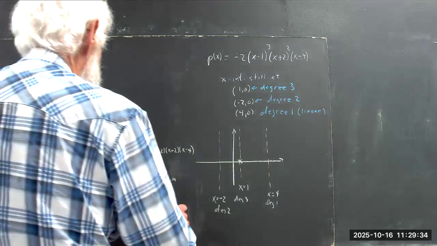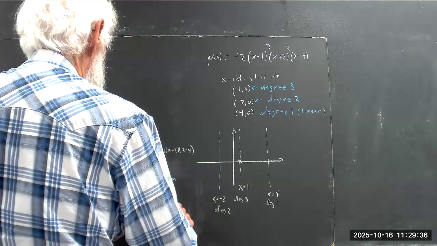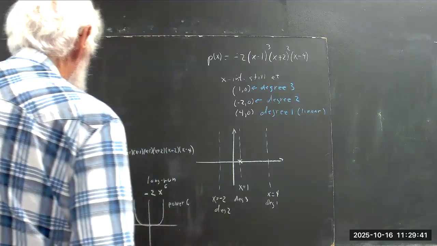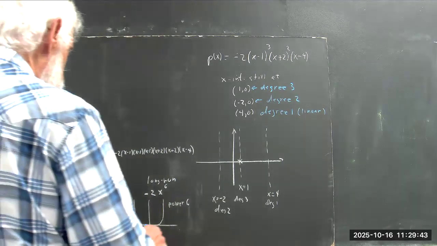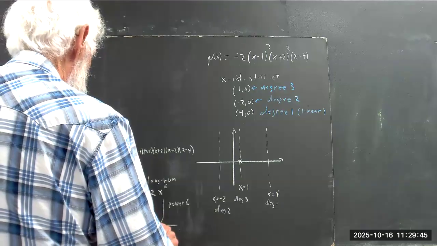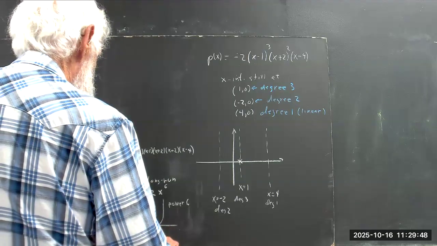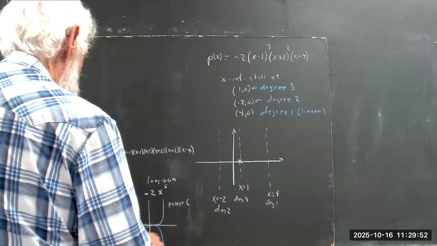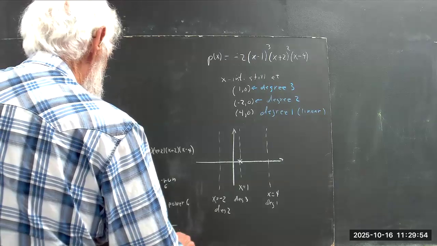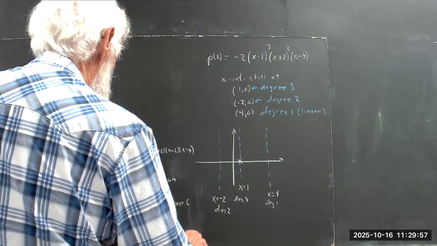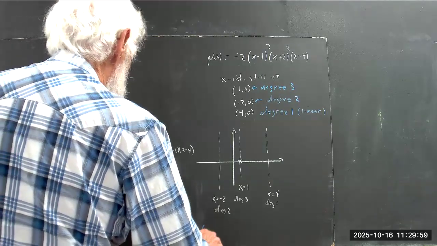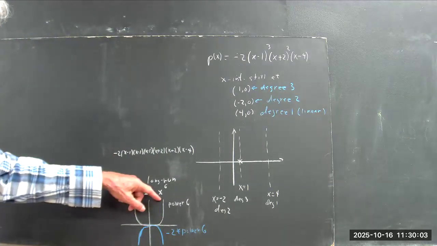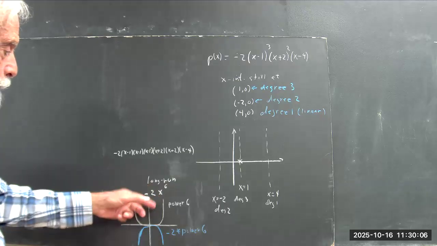So this would be power 6. Well, this is negative 2 times power 6 because every y value up here is going to be multiplied by 2.